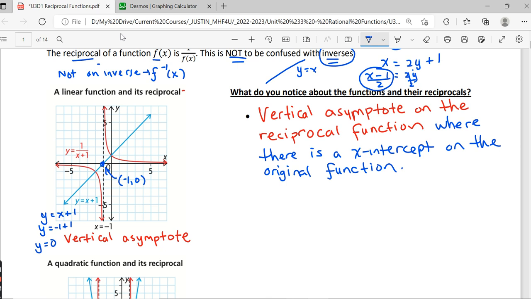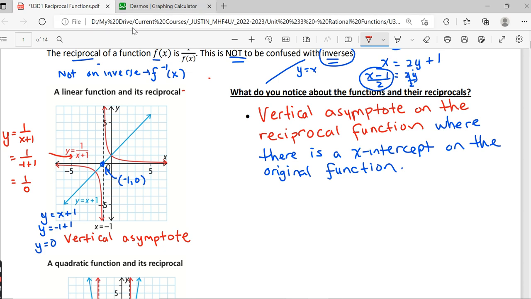Now, if y equals 0, what happens to our reciprocal? Well, if this goes underneath, then for the reciprocal, y equals 1 over x plus 1 equals 1 over negative 1 plus 1 equals 1 over 0. Can you divide by 0? You can't, right?